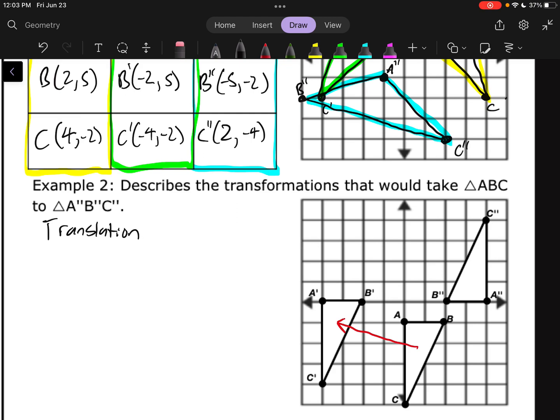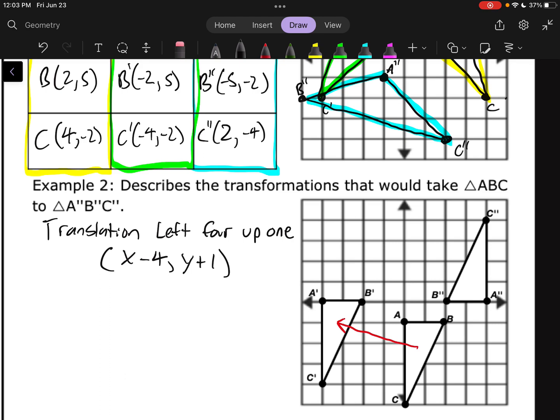And what is that? That is left 1, 2, 3, 4, up 1. So as a rule, that would be x minus 4, y plus 1.